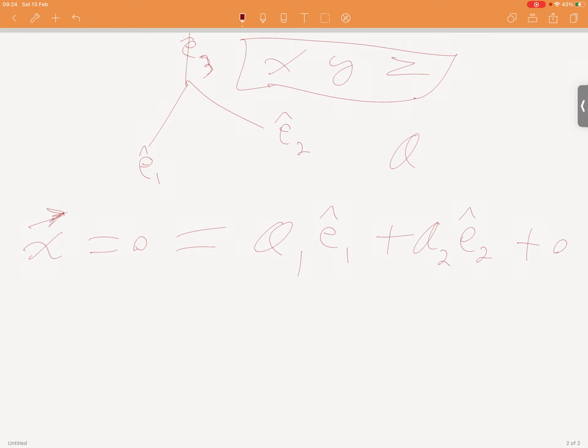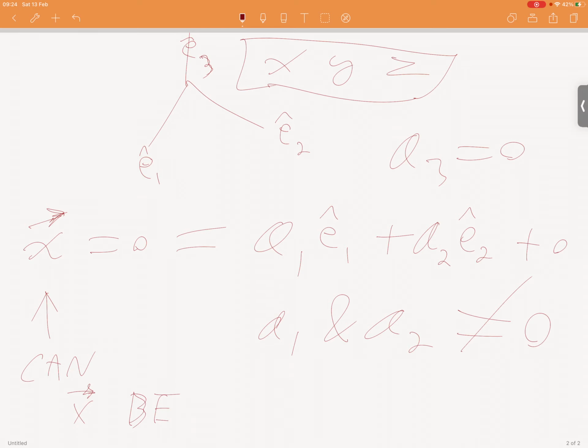So a3 equals 0, but a1 and a2 are not equal to 0. Now, can x, the vector, be 0 for this condition?